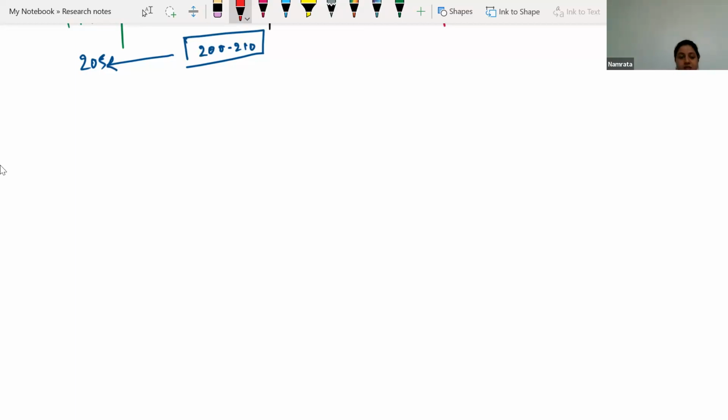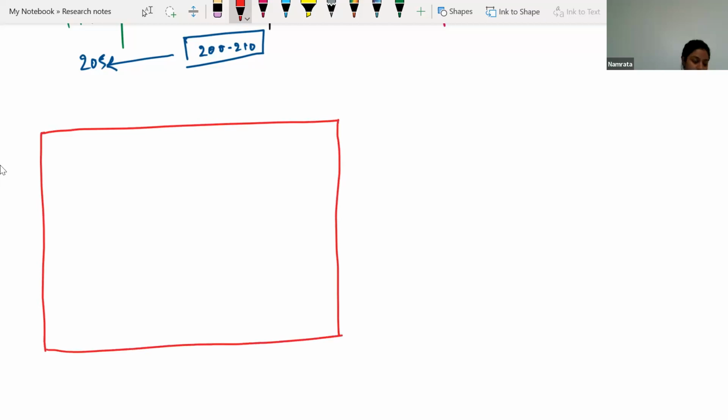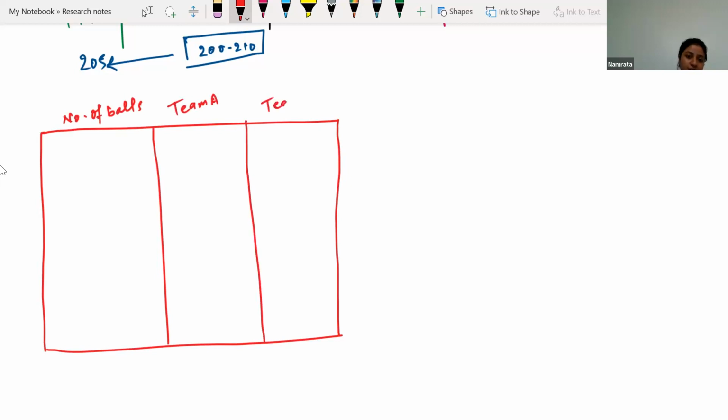Okay, let's say this is the given data. One of the columns has the number of balls, another column has team A, and another column has team B. It says the runs scored by two teams, team A and team B, in the first 60 balls of a cricket match are given.